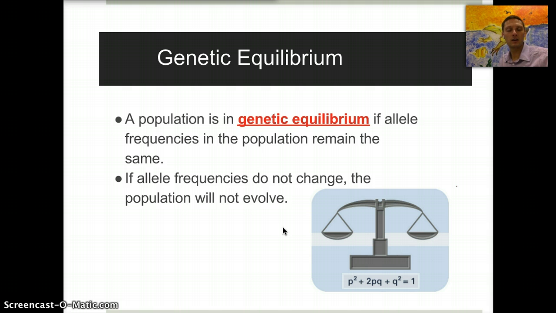And we actually have an equation for this. It's p squared plus 2pq plus q squared equals 1. For our purposes at this level, you don't really have to know too much about this equation. The equation is actually called the Hardy-Weinberg equation. But for our purposes at this level, we're just going to introduce this idea of genetic equilibrium.